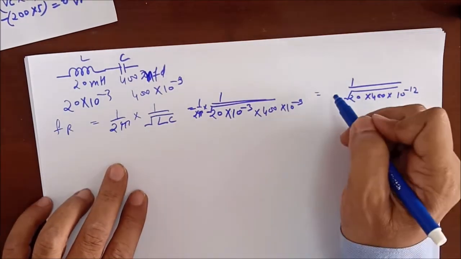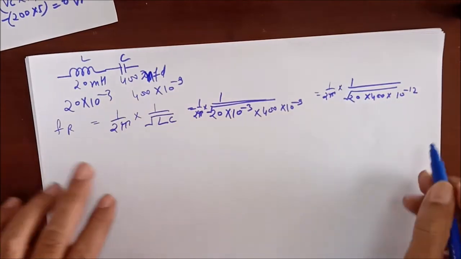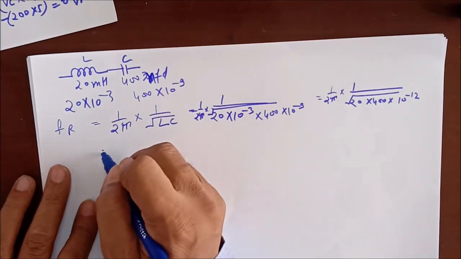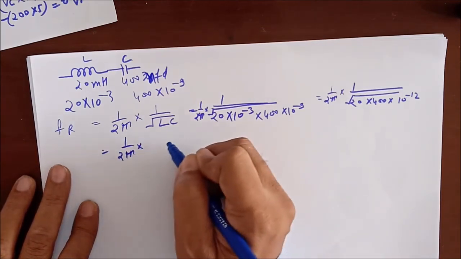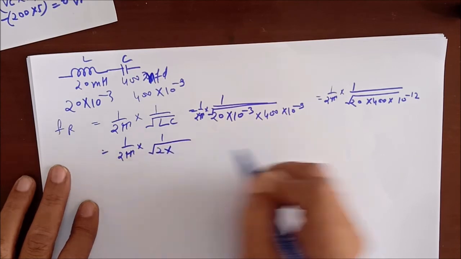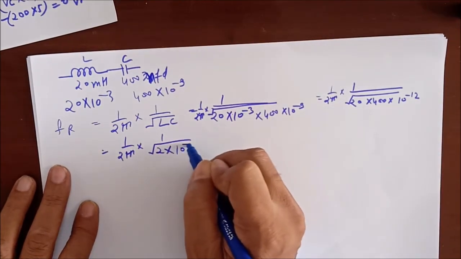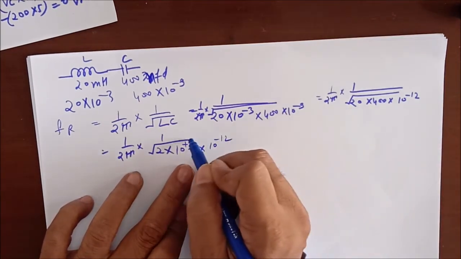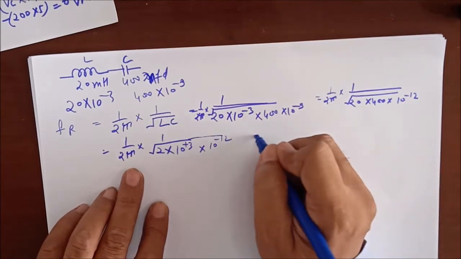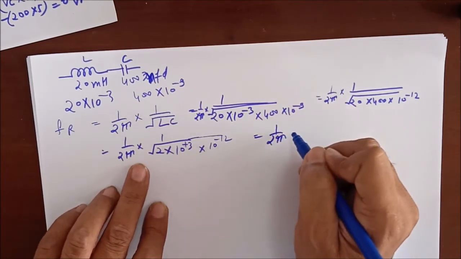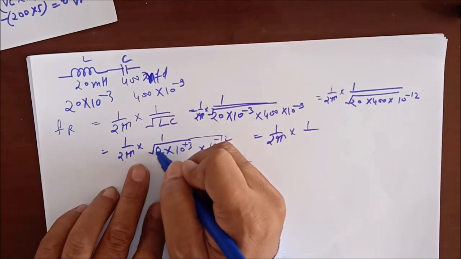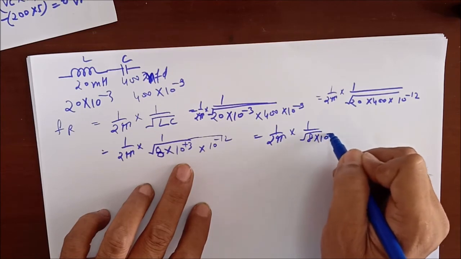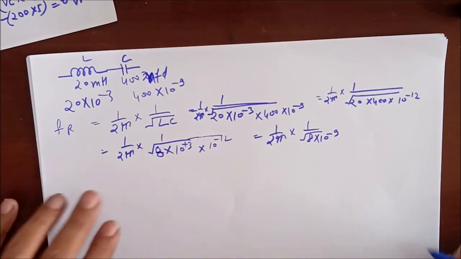But here again you see 1 by 2 pi. Again if you see, this 2 into 8 and 3 zeros are there, so we can use it. It will be 2 pi into 1 by root 2 into 1 2 3, 10 raised to the power plus 3 into 10 raised to the power minus 12. Club them. 1 by 2 pi into 1 by, this is 8, 4 into 2 is 8, root 8 into 10 raised to the power minus 9. The same thing happens again.